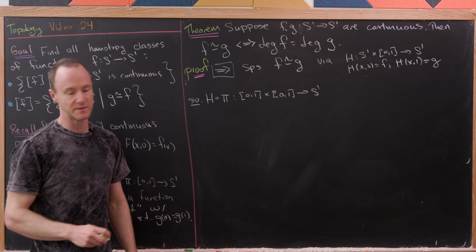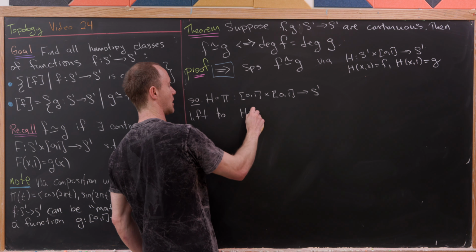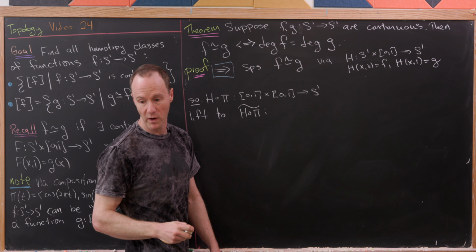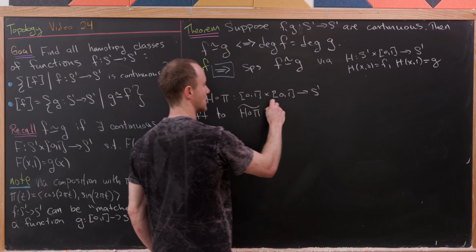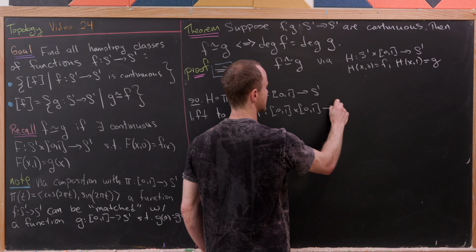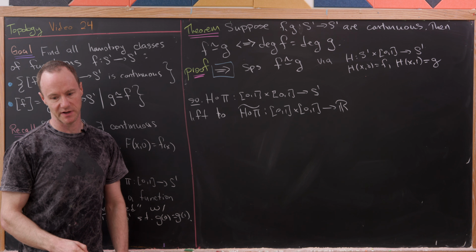Okay, nice. And now we can lift that to a map which we'll call h composed with pi tilde. And where is that going to go? So that's going to go from [0,1] cross [0,1] into R. And so again, that's using that previous lemma.